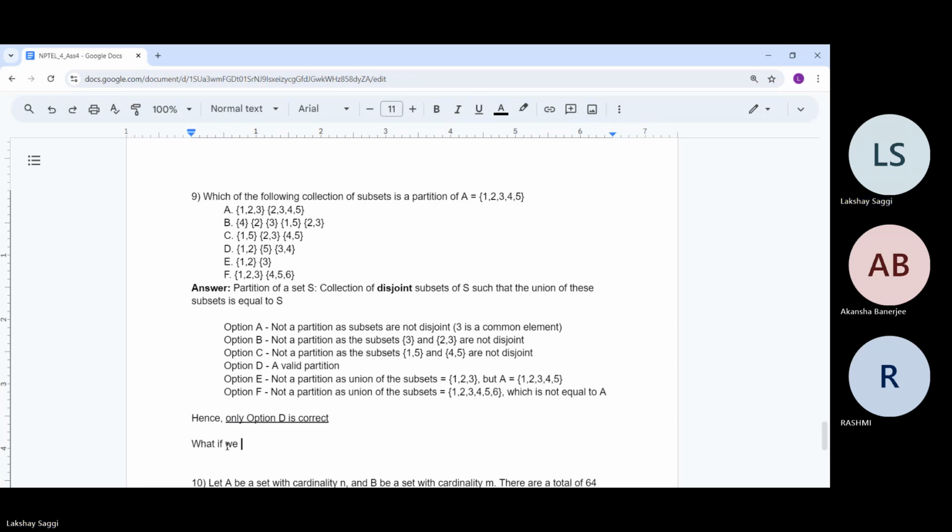What if we are asked to find out the total number of possible valid partitions of A? So in how many ways can A be partitioned?